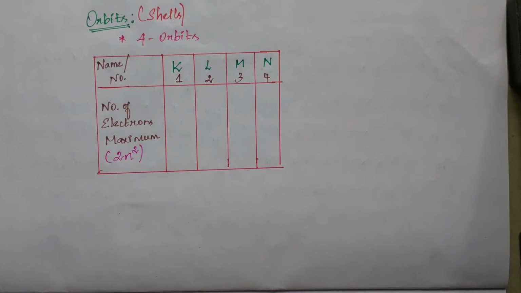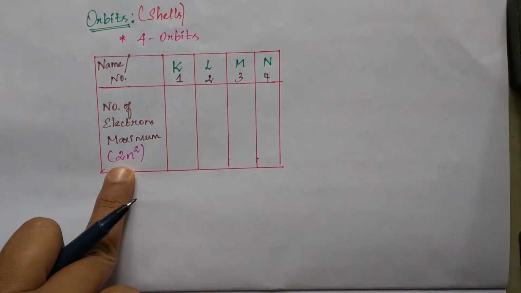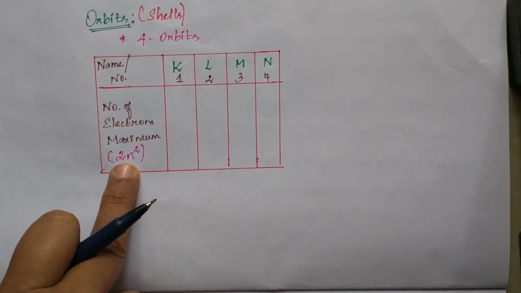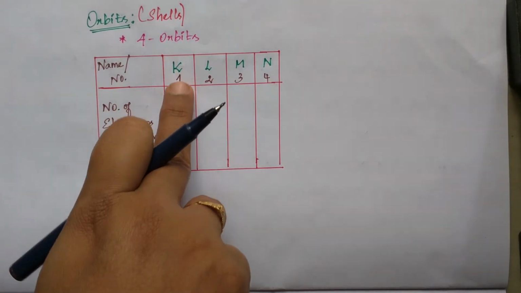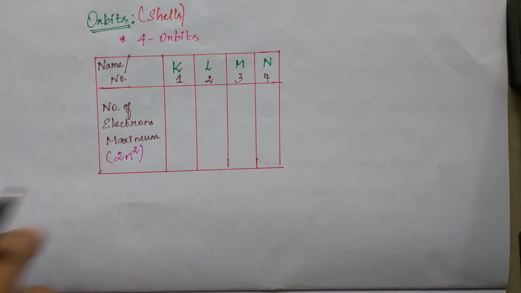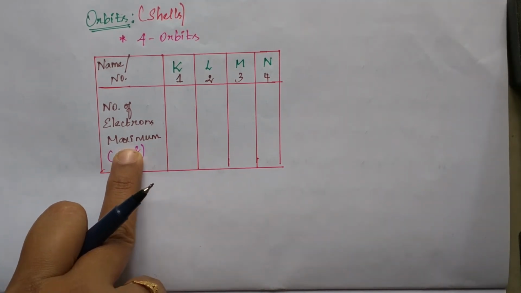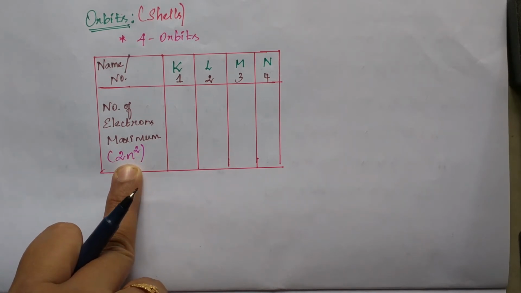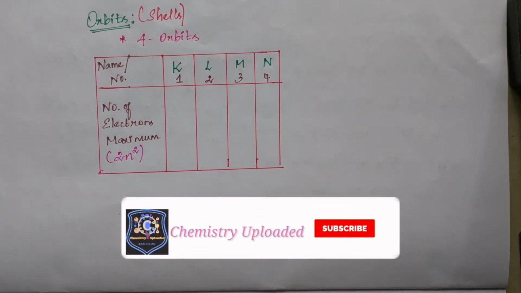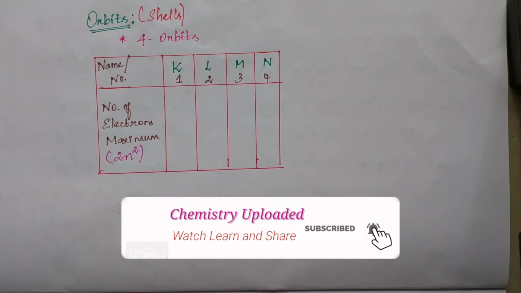In each shell, how many electrons can fill maximum? For that, we use the formula 2n square. N represents number, either 1, 2, 3 or 4. If you apply 1 here, you will get 2 into 1 square, so totally 2. So the maximum number of electrons in the K shell is 2.